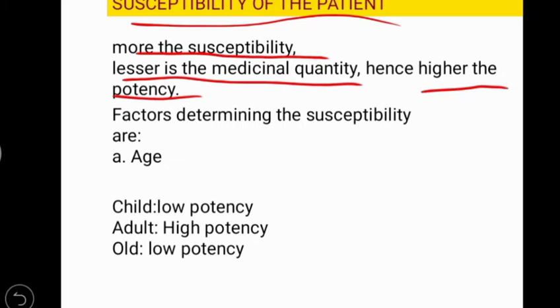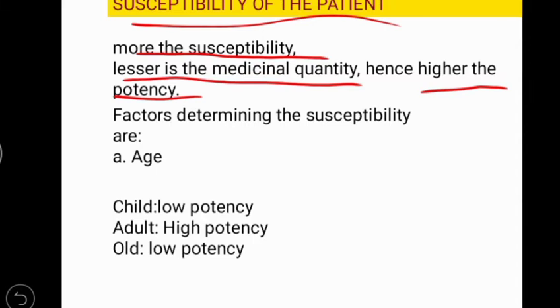All factors combined together, then we select a medicine. Depending on only one factor we can't judge an ideal potency. So we should always remember the susceptibility of the patient.